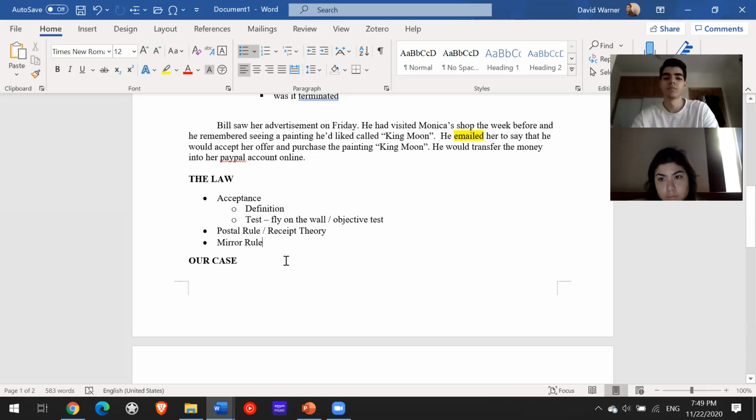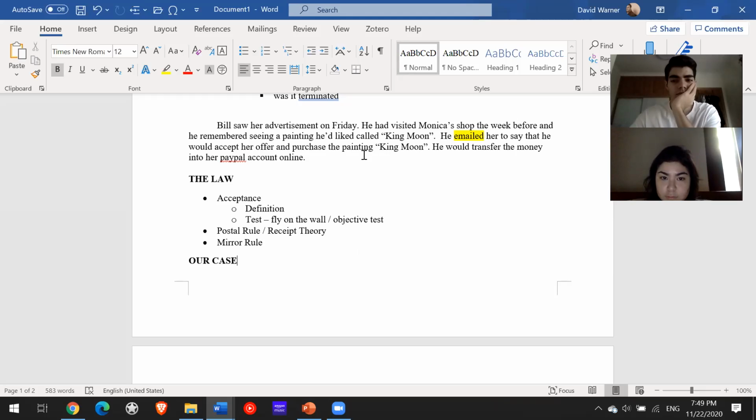So, okay, then let's talk about our case. In this paragraph, does it meet the fly on the wall test? Aruni, in your opinion, did Bill accept the offer based on the objective test? At that moment, are you asking at that moment, or is he going to?